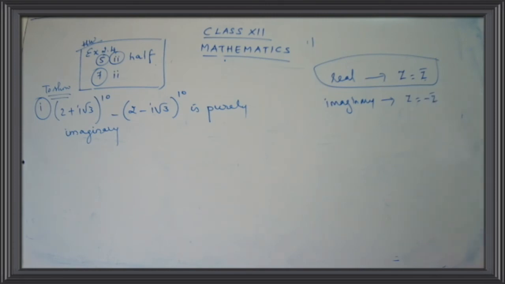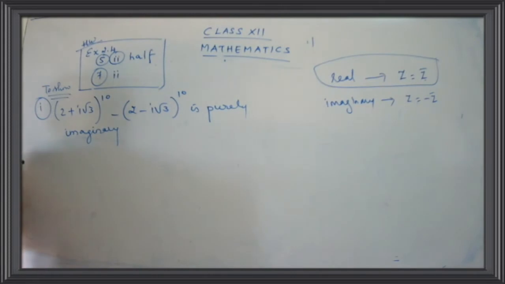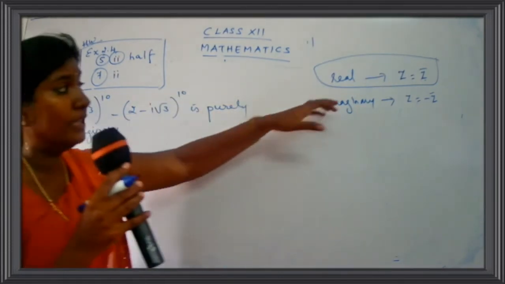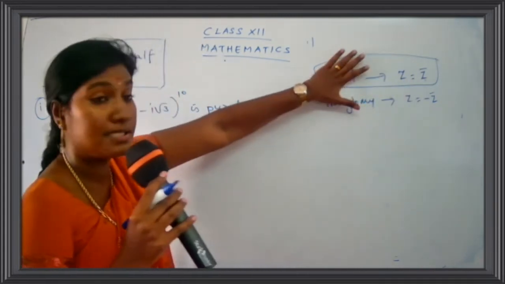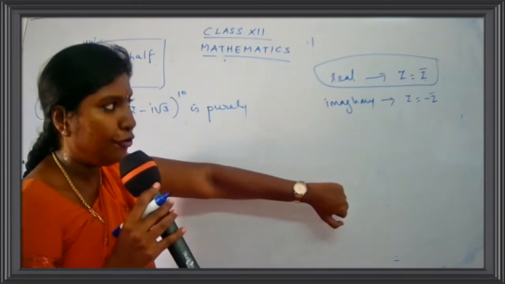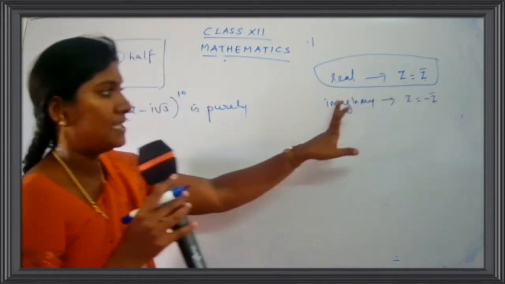I hope you are clear with the differences. For the condition of real, z should be equal to z bar. That means if you prove that z is equal to z bar, you can say that the numbers are real. And if you prove z is equal to minus z bar, you can say the numbers are imaginary.